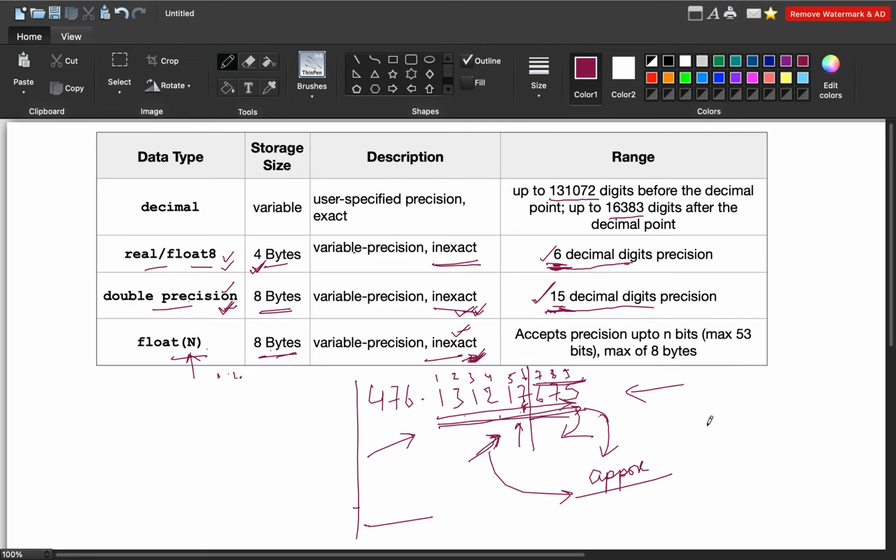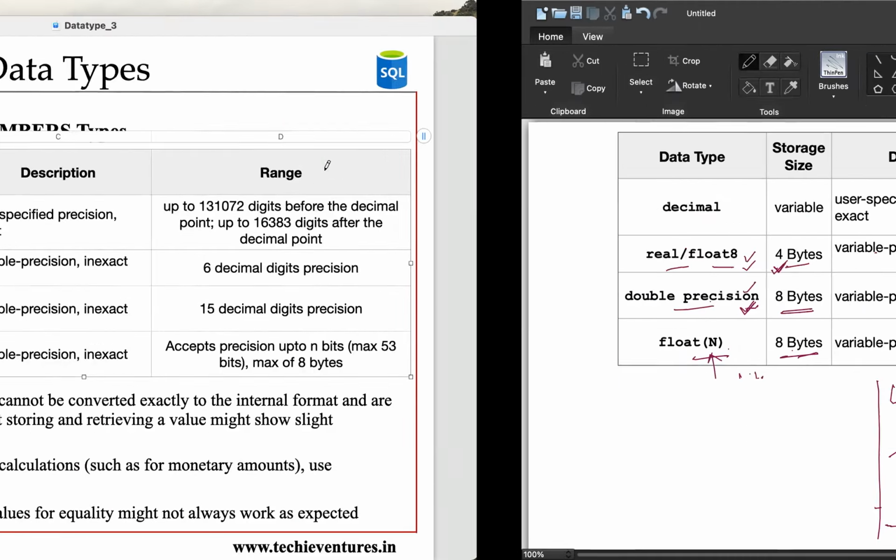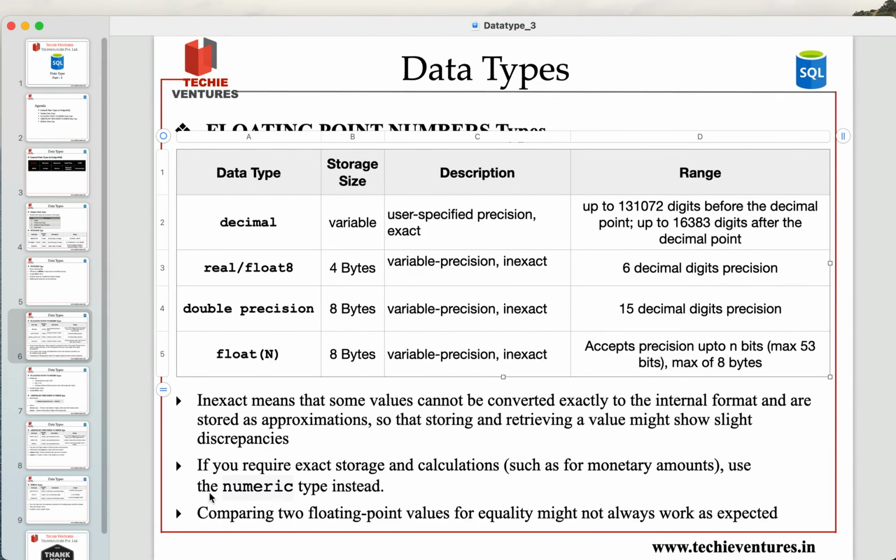There could be slight discrepancies because the values are not stored as exact values but as an approximation, right?